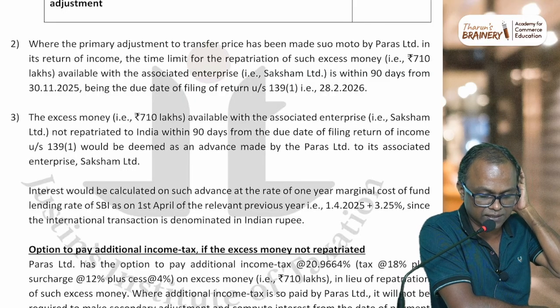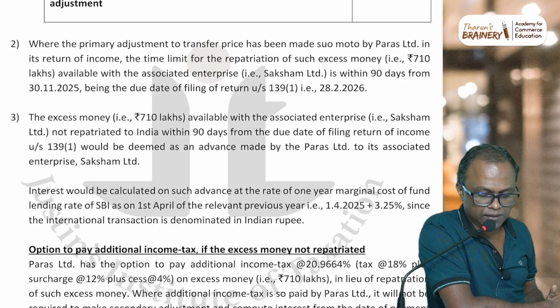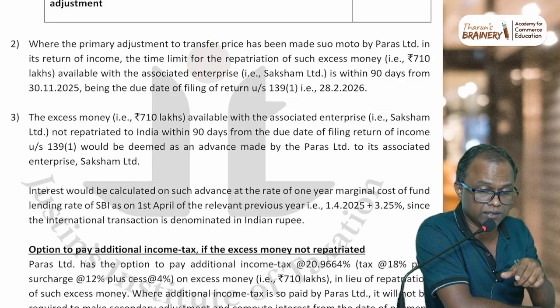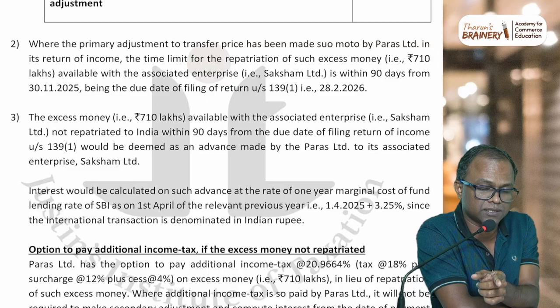As in this case the transaction is denominated in Indian rupees, we can say that SBI lending rate as on 1/4/2025 plus 3.25. Remember 1/4/2025, because we are calculating interest for 25-26, not for 24-25, because the due date is in 2025, November 30.